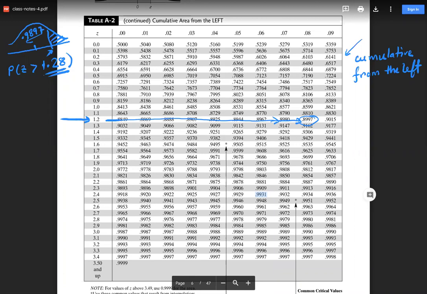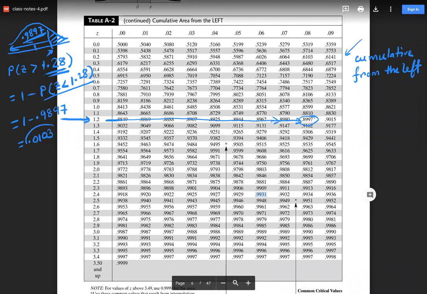And it's very easy. You'll do subtraction, 1 minus the probability of z less than 1.28, which is this value. So it's going to be 1 minus 0.9897, which is 0.0103.